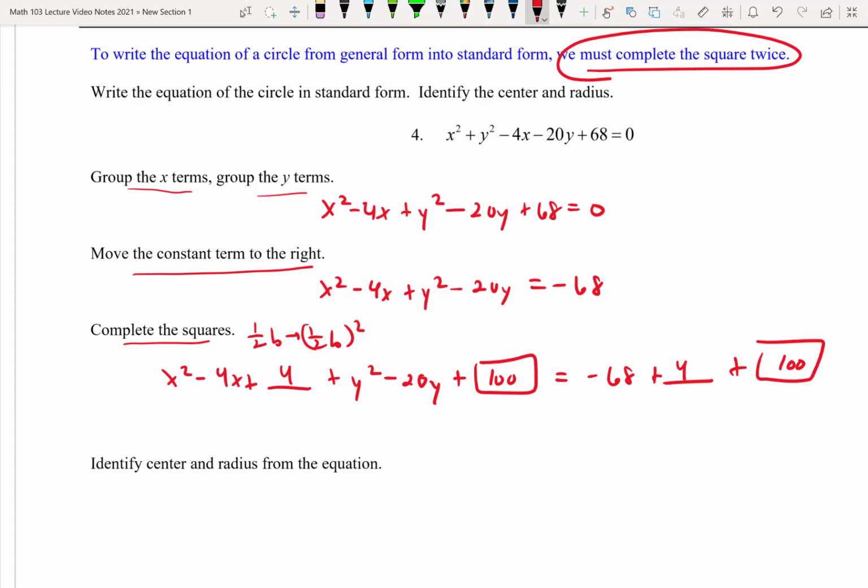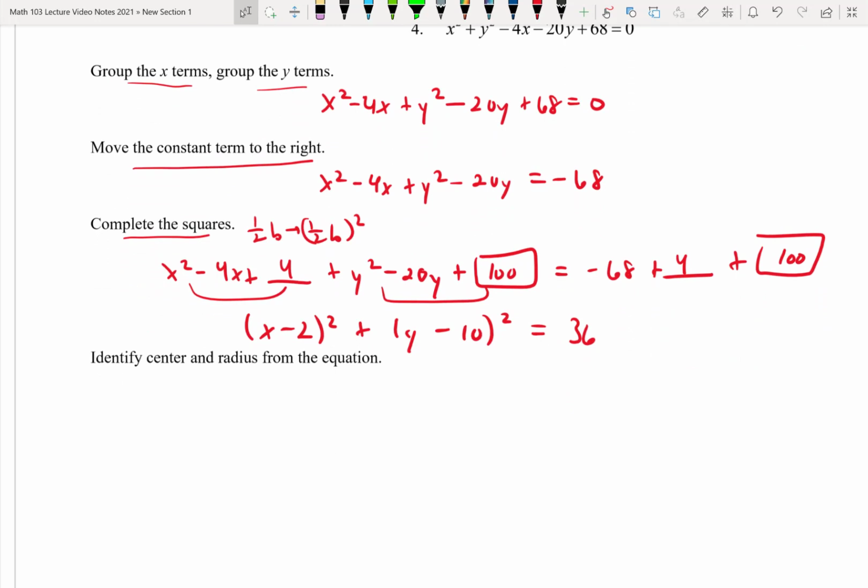Now we're going to factor. So we have (x minus 2) squared plus (y minus 10) squared, and then add the numbers on the right side. That adds up to 36. Now it's in standard form, so we can identify the center and the radius. The center is located at (2, 10), and the radius is the square root of 36, which is 6.